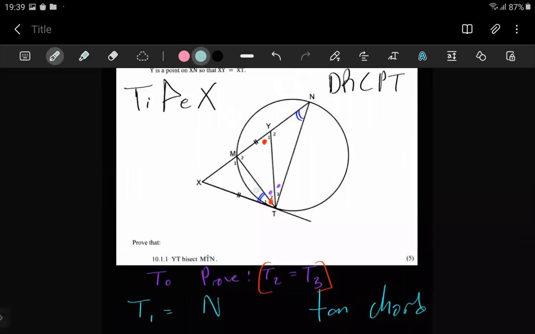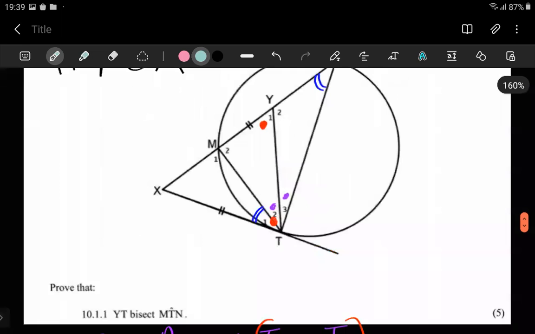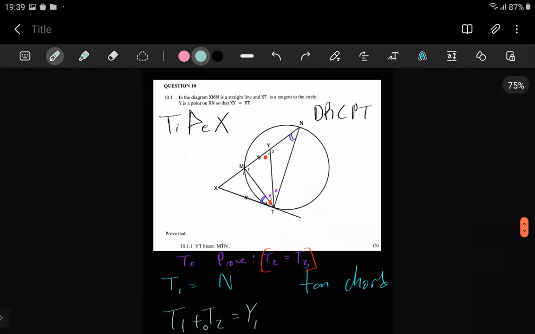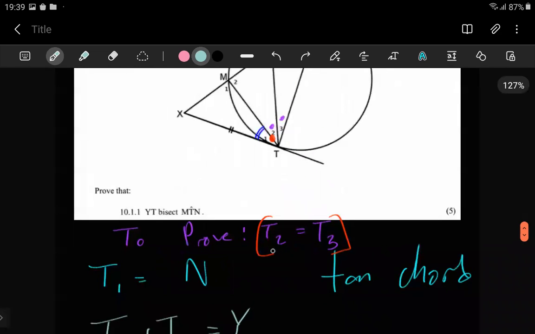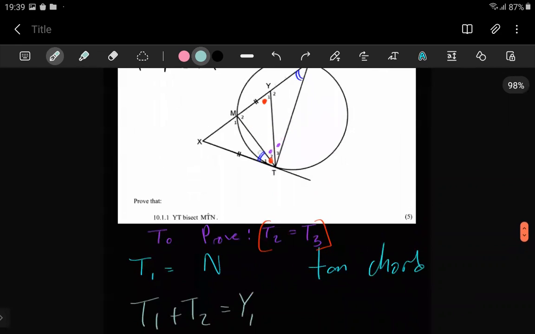The reason I'm writing it out as T1 and T2 is that, based on how the sketch looks, it is more useful to refer to this angle as T1 plus T2. If we referred to it as X, T, Y, algebraically it would not be very useful to us, because in our algebra we want to eventually end up with T2 equal to T3. So that's why it's easier to refer to this big angle as T1 plus T2.